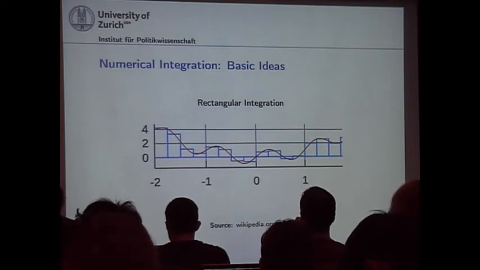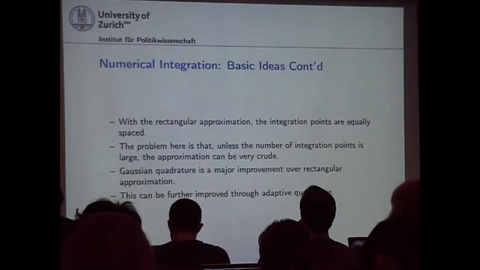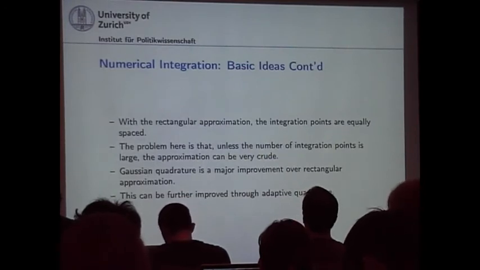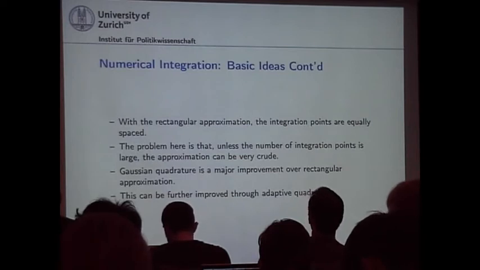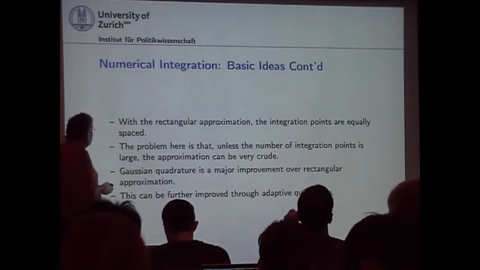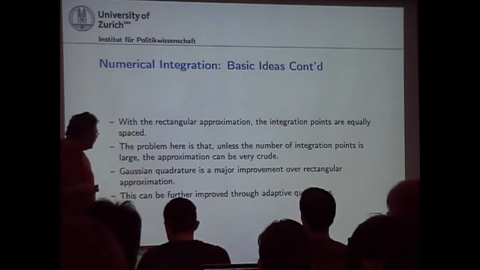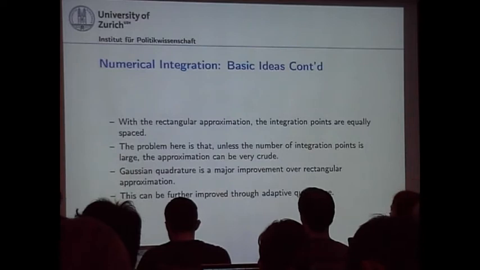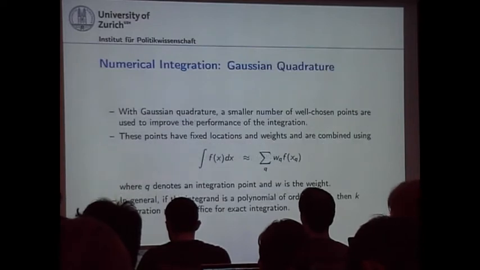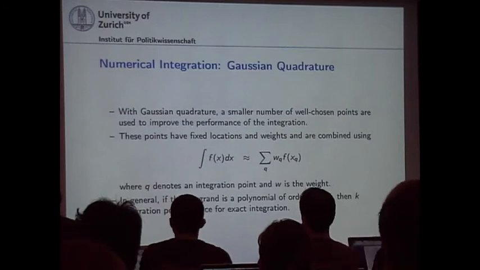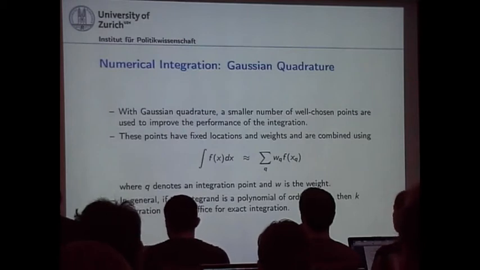Now, Mr. Gauss, of the Gauss distribution, actually figured this problem out a long time ago, and said, well, what if, instead of doing this rectangular approximation, we take a much smaller set of points, quadrature points, and then use that for the approximation.